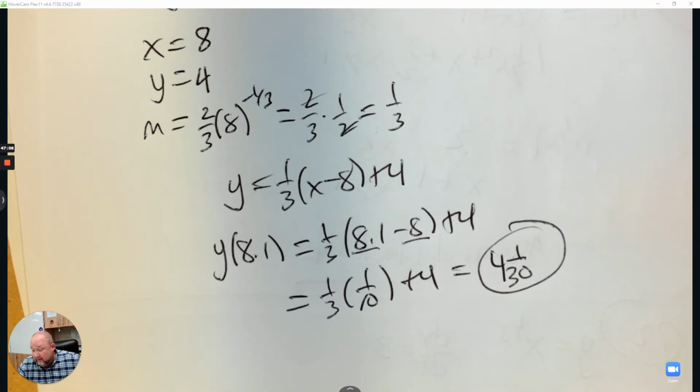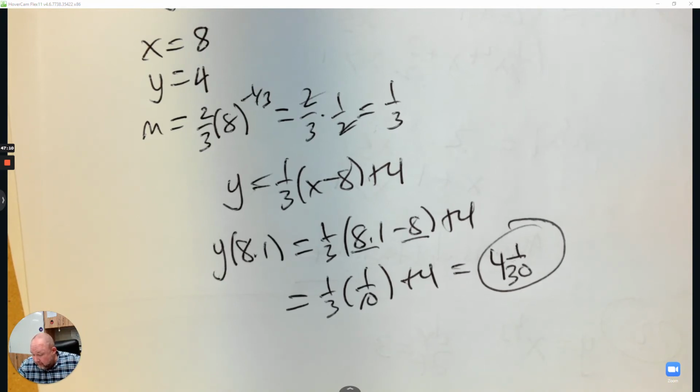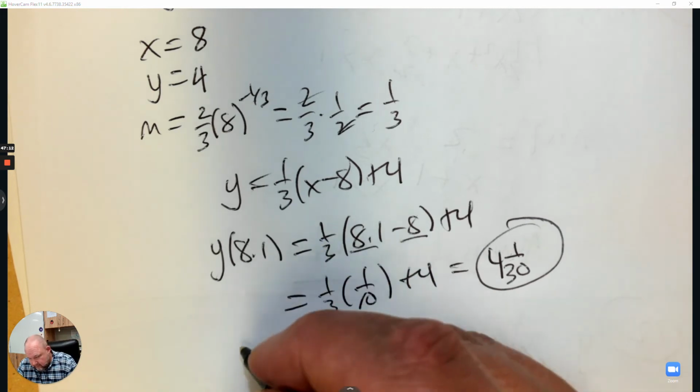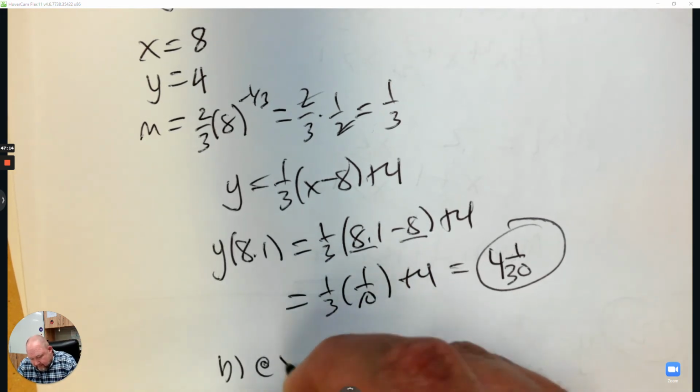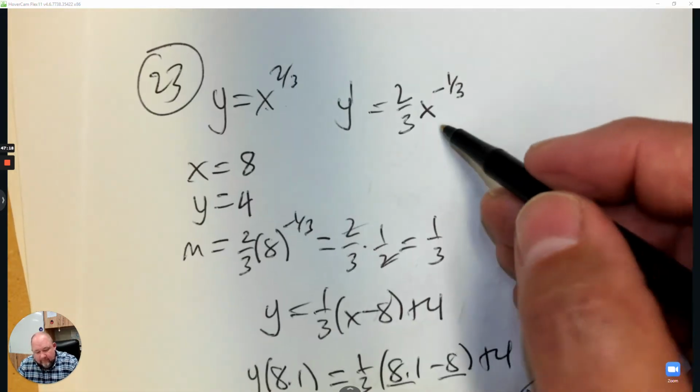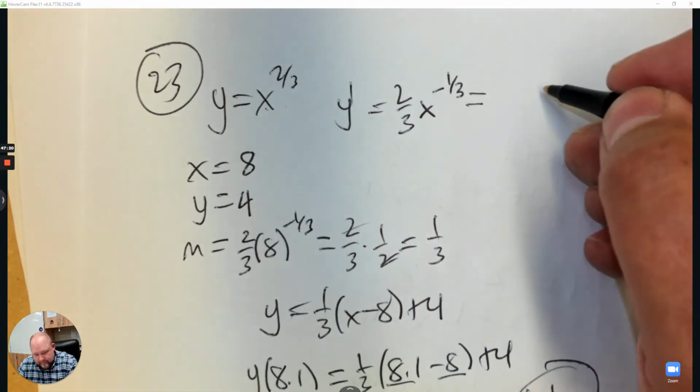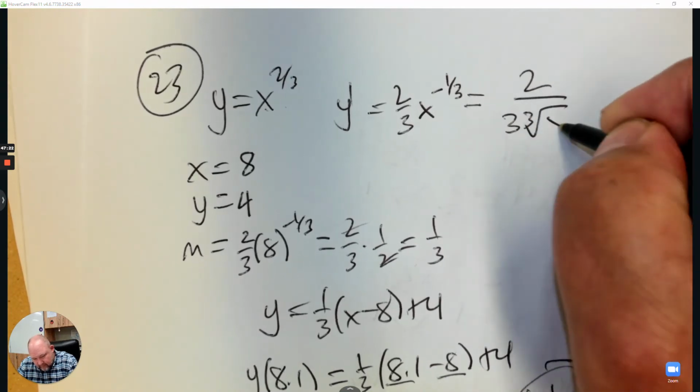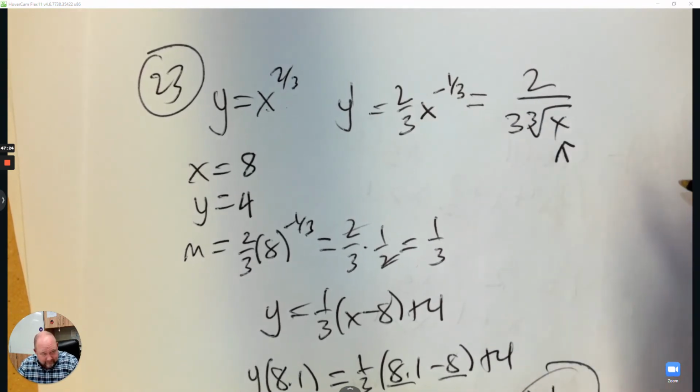Why could a tangent line for that at x equals 0 not be used? At x equals 0, if you look at the derivative with the negative exponent, at 0 it's undefined.